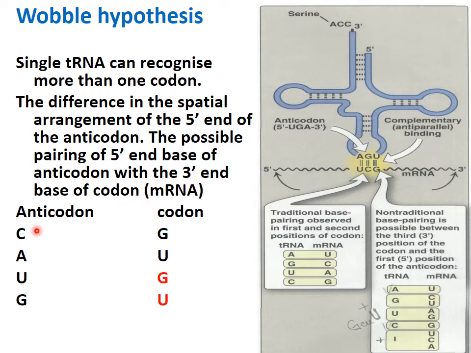So like we see here, in the anticodon it was C, so in the codon it will be G; in A it will be U; but for the third base, if it is U then it will pair with G, if it is G then it will pair with U. So if we have a change in the third base, that is GUG or GUU, then it will have the same amino acid, valine only. So the amino acid will not change. This is known as wobbling or the wobble hypothesis.